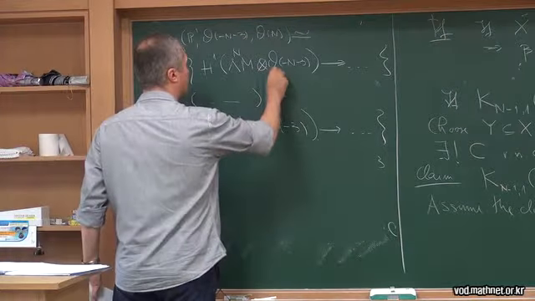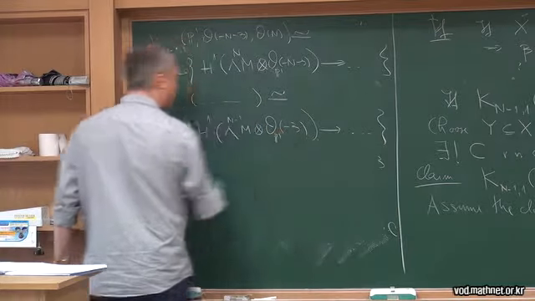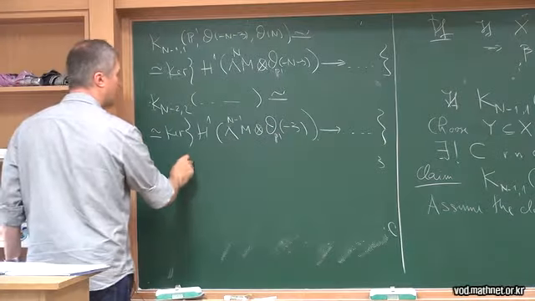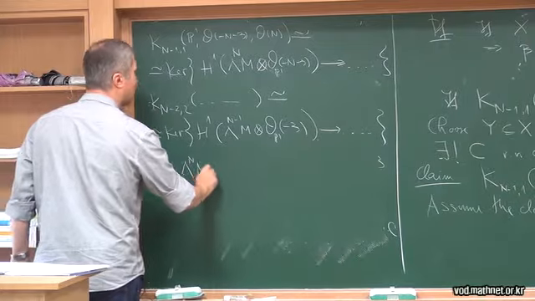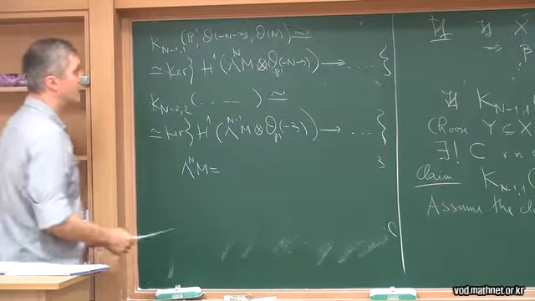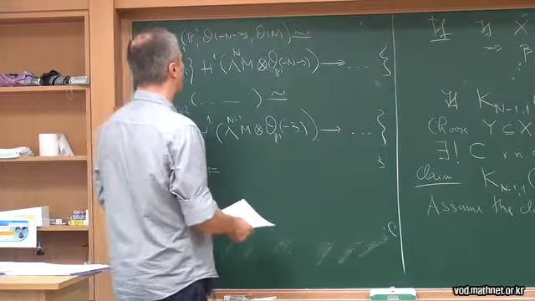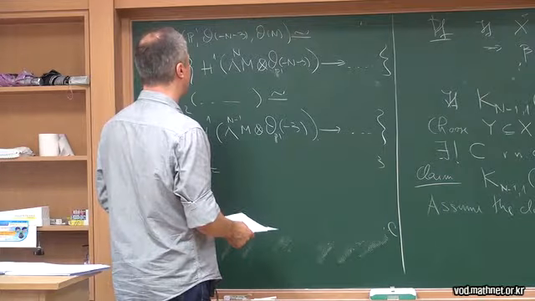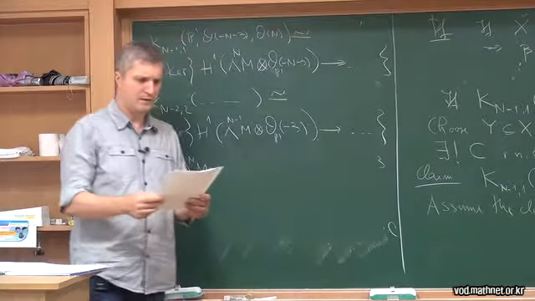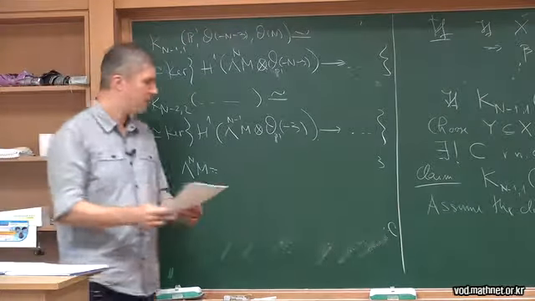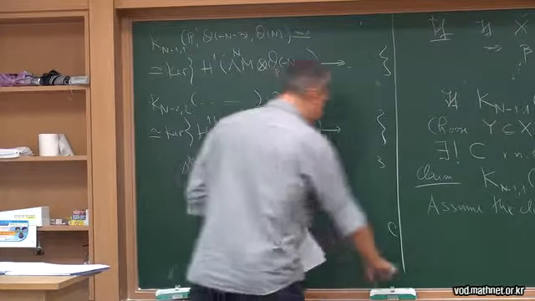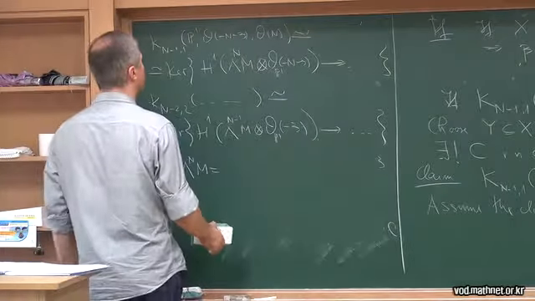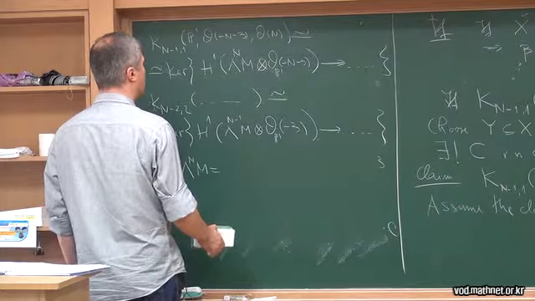And this is now rather straightforward, because wedge n of M would be O of... why is it... no, sorry, no. I don't want to do that.